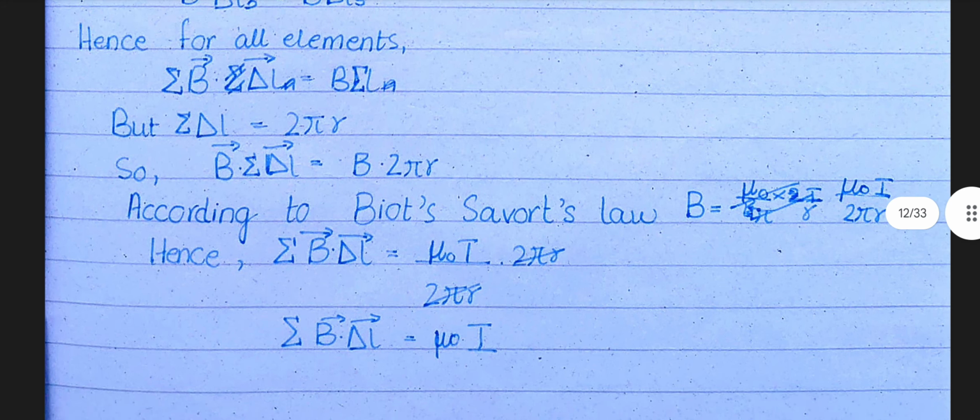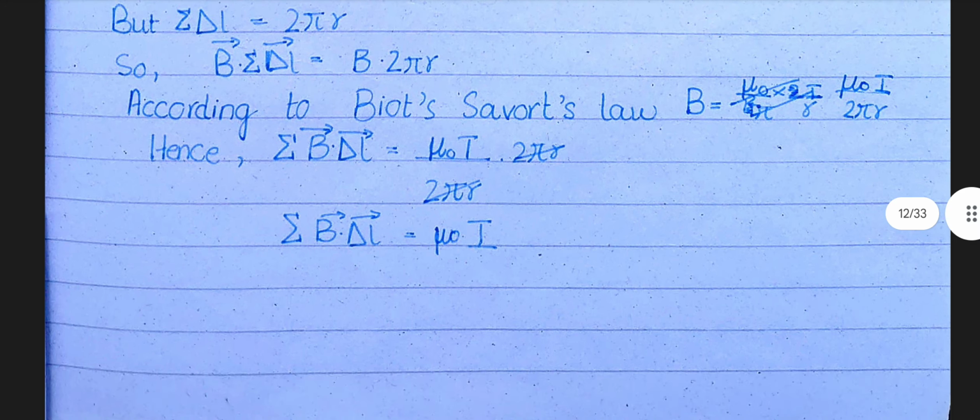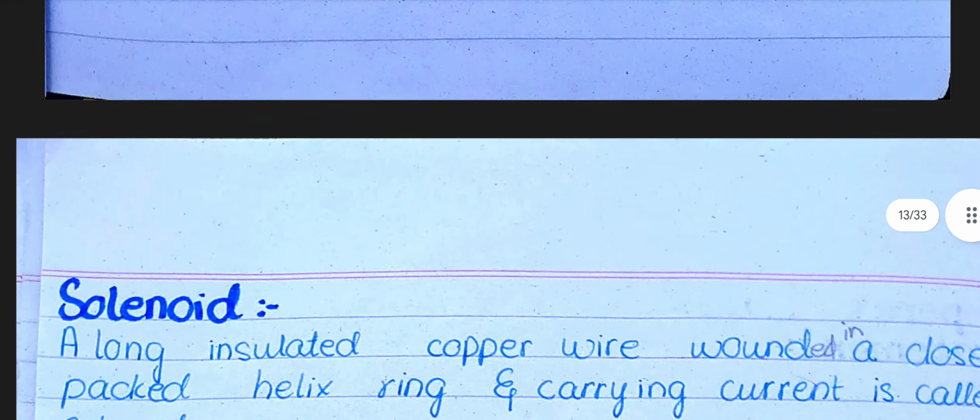According to Biot-Savart's law, B is equal to mu naught I upon 2 pi r. Hence, summation B vector dot delta L vector is equal to mu naught I upon 2 pi r times 2 pi r. Summation B vector dot delta L vector is equal to mu naught I.